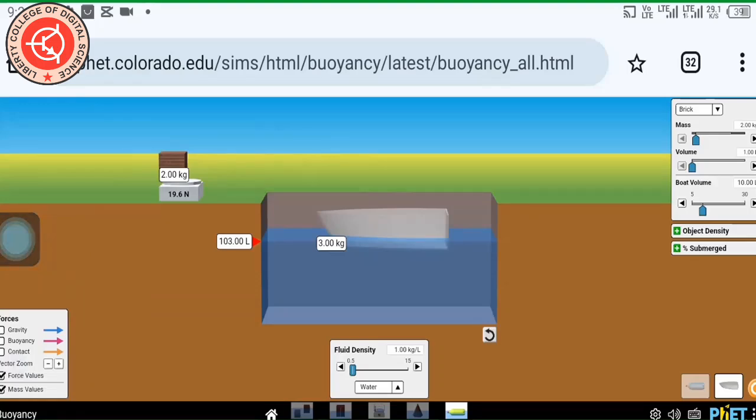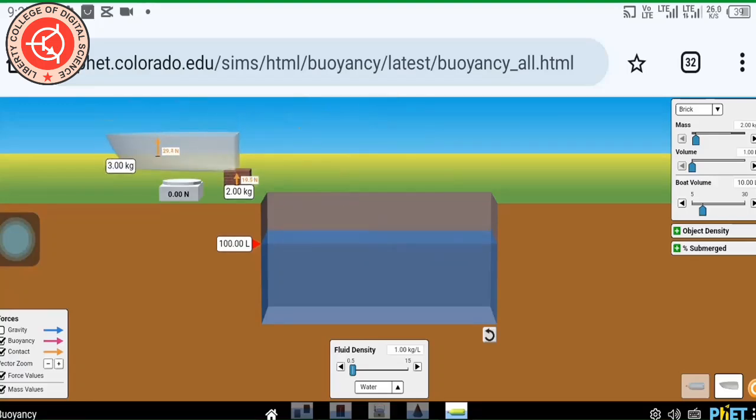Okay, let us try to show the buoyant force. Now, can you see that the buoyant force is 29.4 Newton? Why? Because when we measure the weight of the ship, it was 29.4 Newton. So as soon as you put it, the meaning is that the weight of the fluid that is displaced is also up to 29.4 Newton.